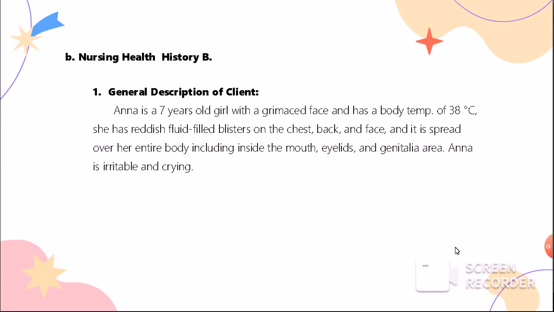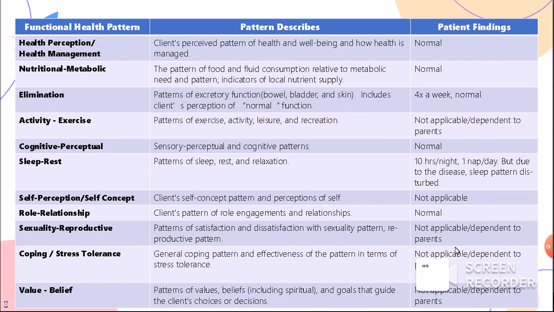Nursing health history. General description of client. Anna is a 7-year-old girl with a grimace face and has a body temperature of 38 degrees Celsius. She has reddish fluid-filled blisters on her chest, back, and face, and it is spread over her body, including inside the mouth, eyelids, and genitalia area. So Anna is not feeling well, irritable, and crying.